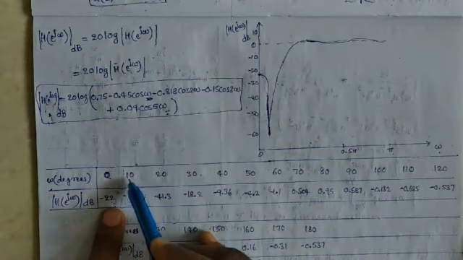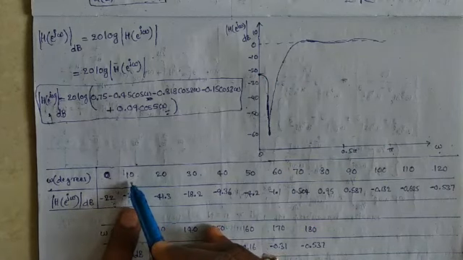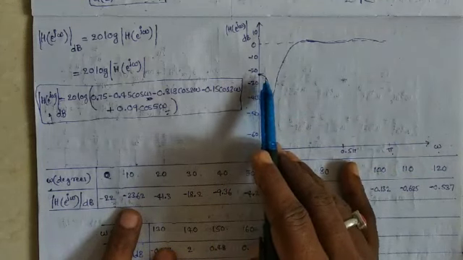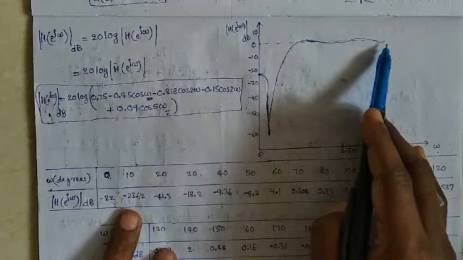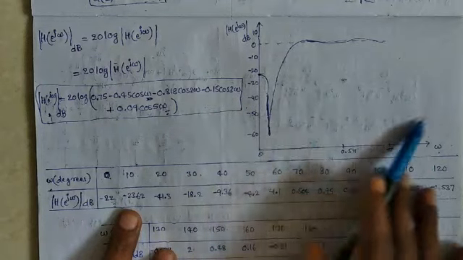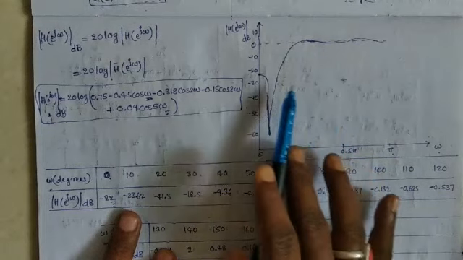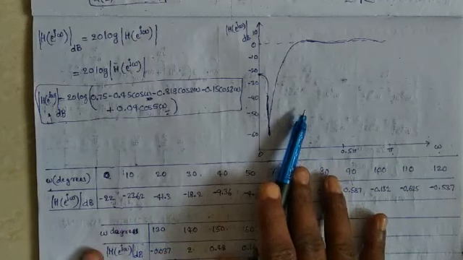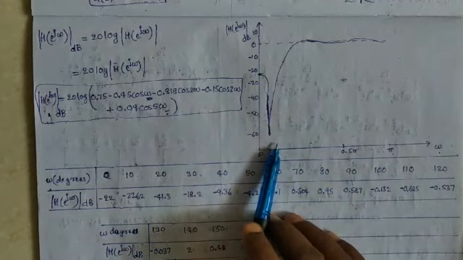Similarly, marking the decibel magnitudes corresponding to the frequencies and joining all those points by a smooth curve like this, this is the magnitude response of the high pass filter using the Fourier series method.